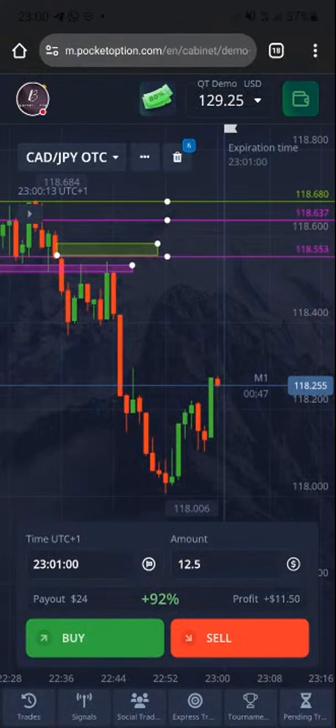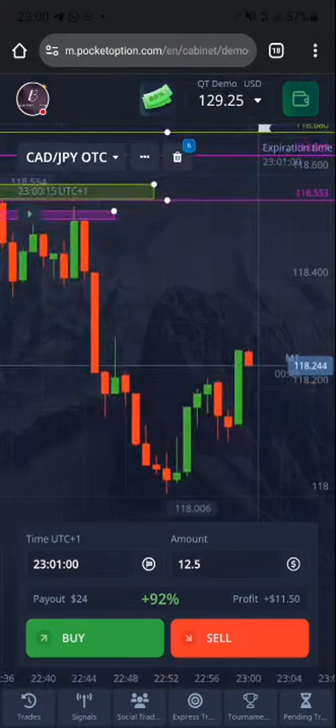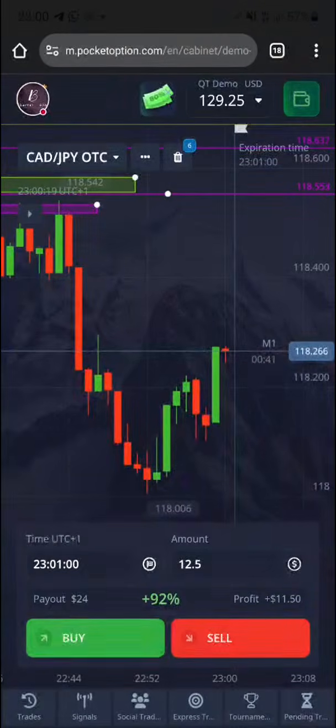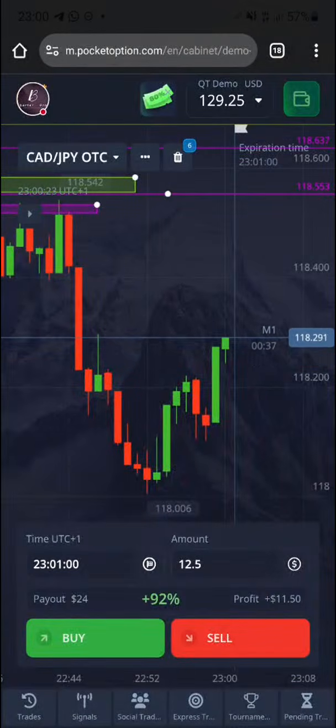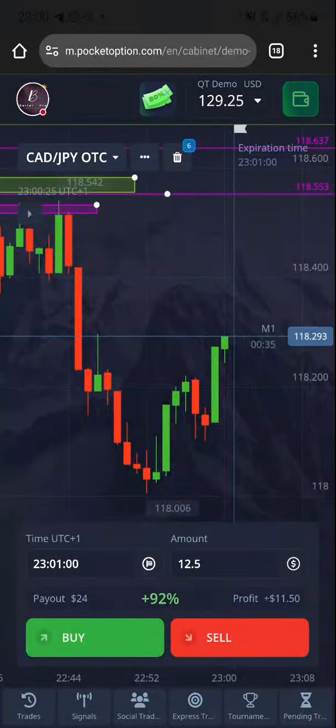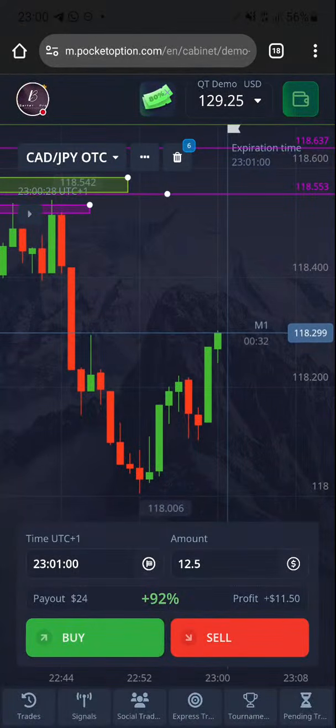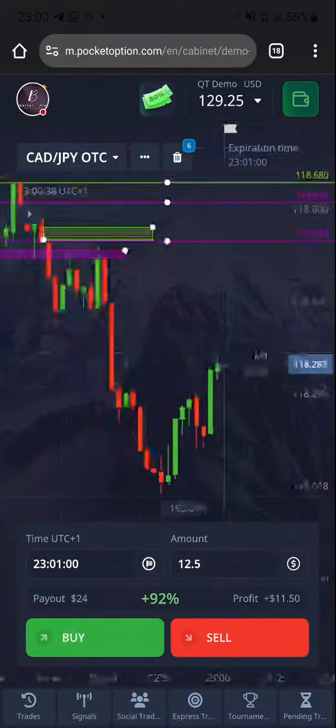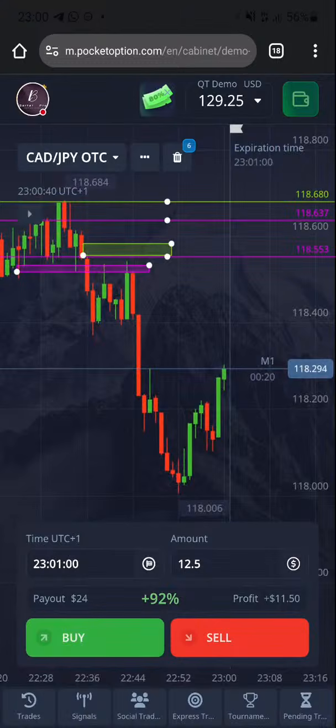Somebody that has $100 now, the money management will be different from someone that has maybe 1,000 or 2,000 or 3,000 in the account. If you tell them to go with 4% of their balance, 4% of 100 is $4. If you take a $4 trade, you may not really be encouraged, even if you win the trade and just made $3. But someone like me, if I have $100 in my account, I'm going in with 12.5%.